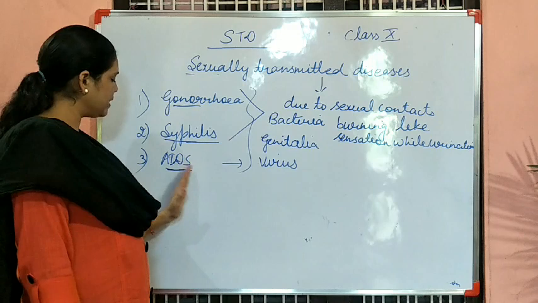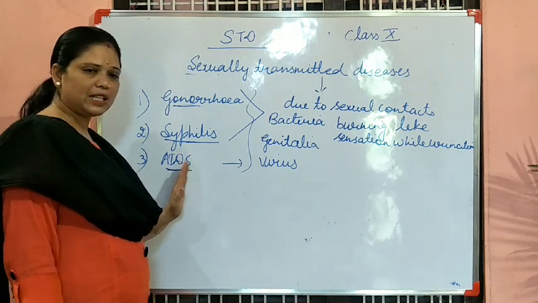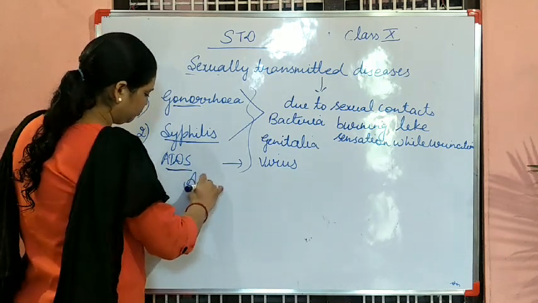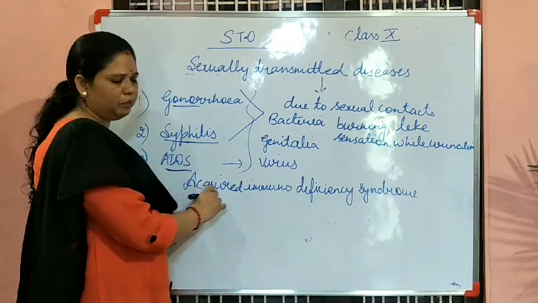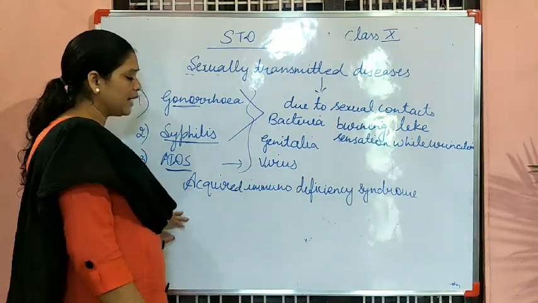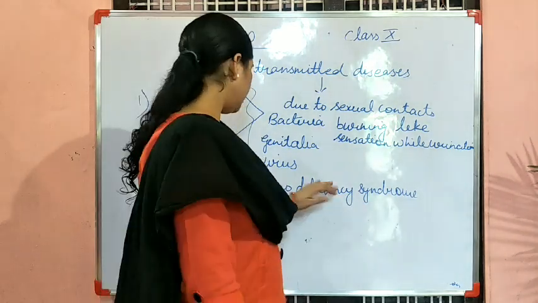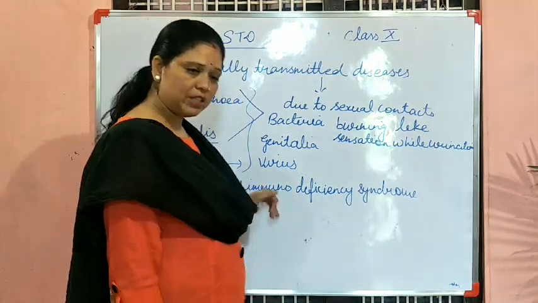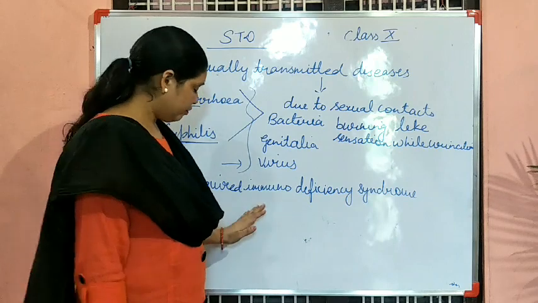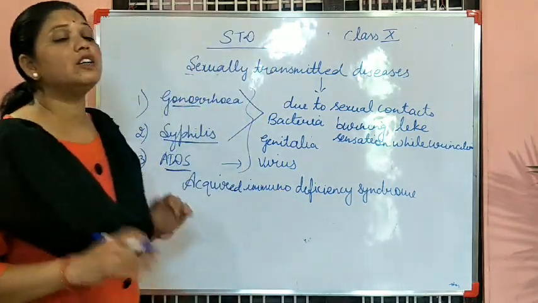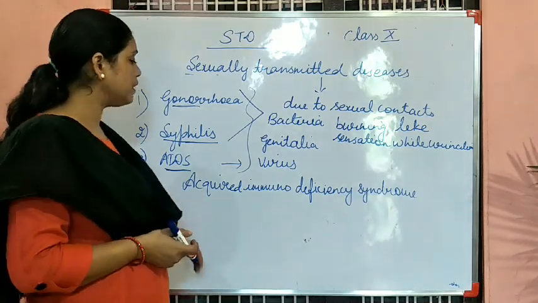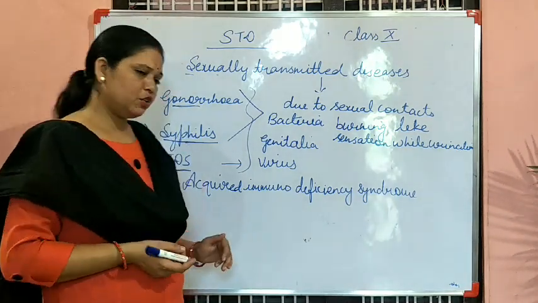The full form of AIDS is acquired immunodeficiency syndrome. We call it immunodeficiency because there is a deficiency of immunity. The second thing is syndrome. It is called a syndrome because whenever many common symptoms are there for a disease, we call it a syndrome.